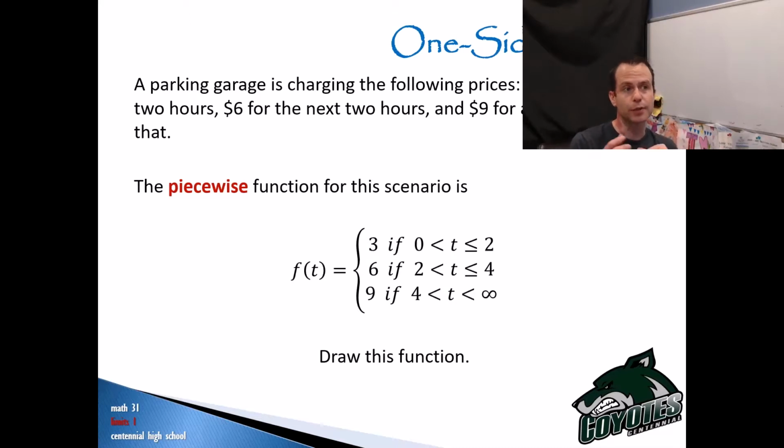So I'm going to take you back to, I don't know, probably grade 9 when you started dealing with inequalities. I want you to remember that when you can't equal the particular endpoint, you'd have an open circle. And when you can equal a particular endpoint, you'd have a closed circle. Okay, so think about that and see if you can draw it. Pause me for a second, draw your own, and then compare with mine.